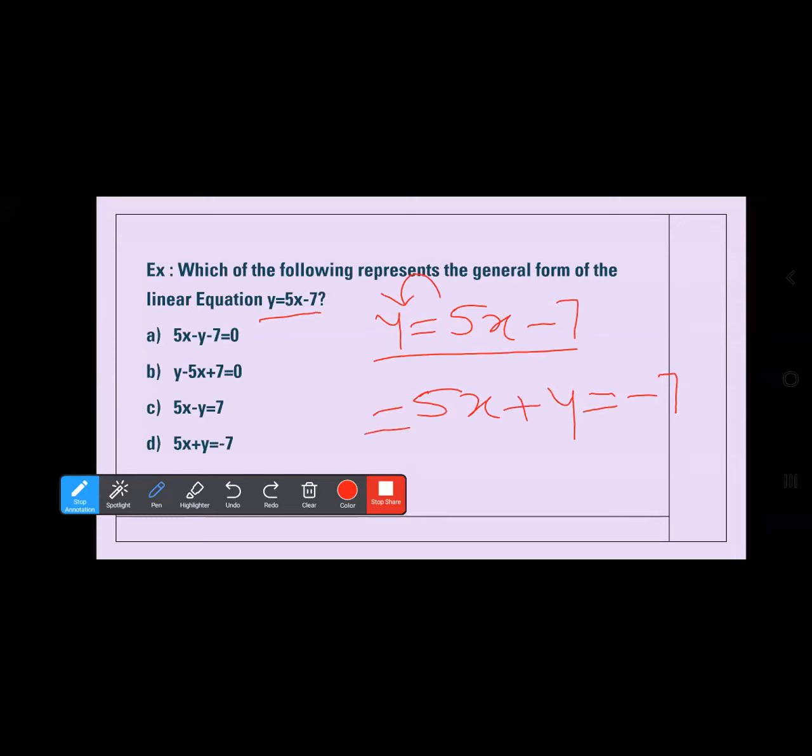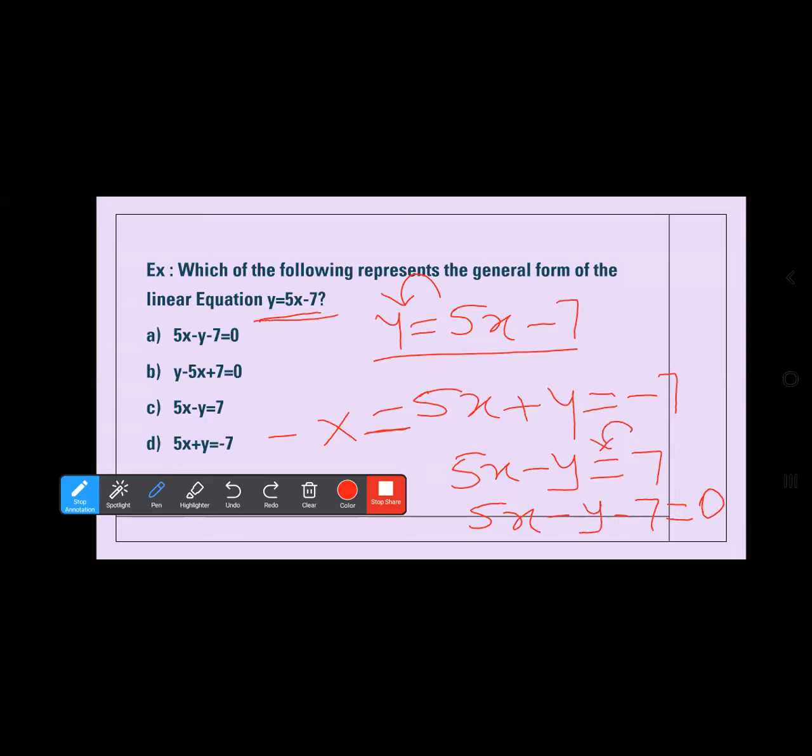Now since here it is minus sign, if I multiply this equation throughout by minus, it will become 5x minus y equals 7. So 7, if I bring it over here, it will become minus 7. So 5x minus y minus 7 equals 0.